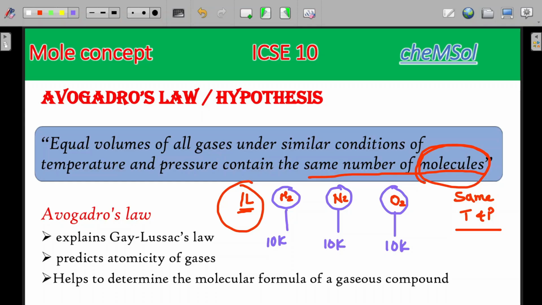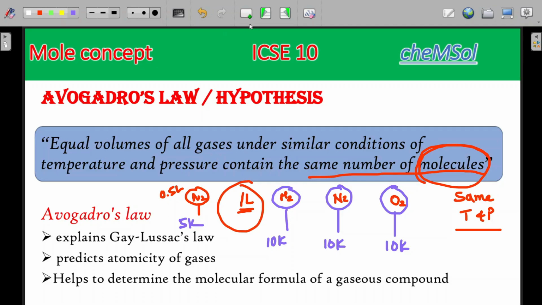That's it. If instead of 1 liter you have taken half liter, 0.5 liter, then what happens to the number of molecules? That also becomes half. So in 1 liter you have 10k, in half liter you will have 5k. These kind of questions only will come. One is definition, another one is this.